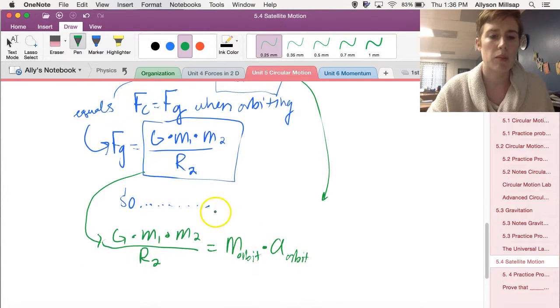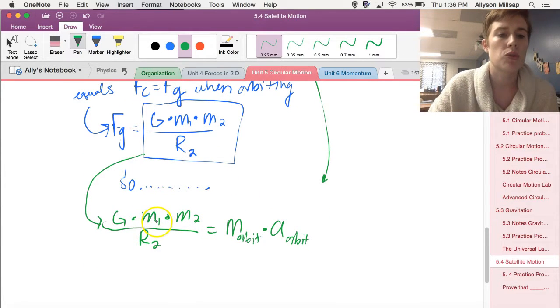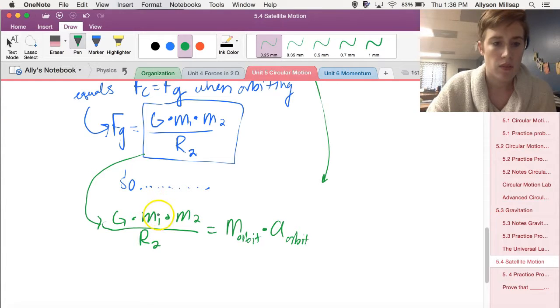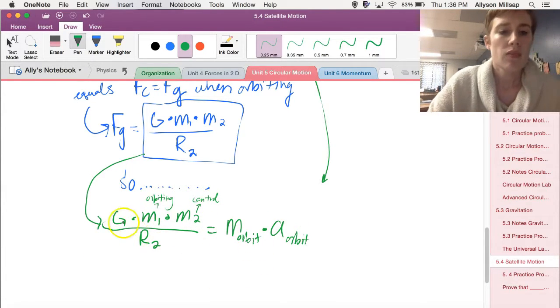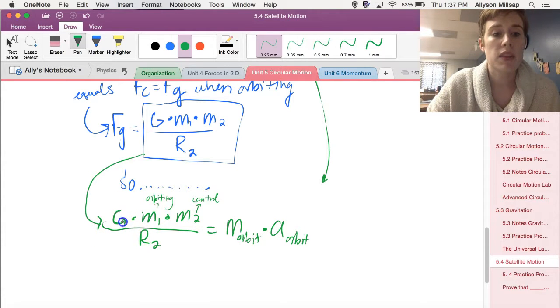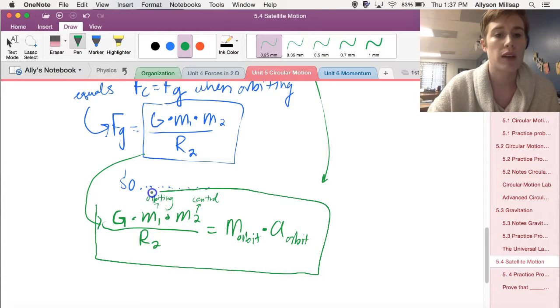And it's important that you label those. M1 and M2 just stand for, 1 stands for the orbiting object, and 2 stands for the central object that it's being orbited around. So when you have something that's orbiting, you can have these two formulas equal each other, which is so great.